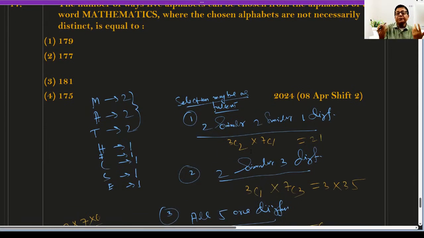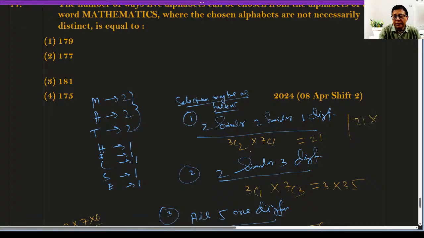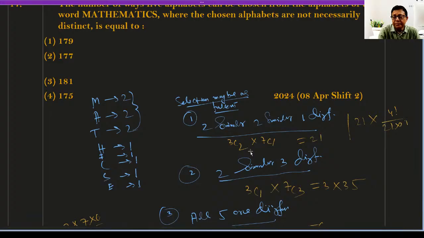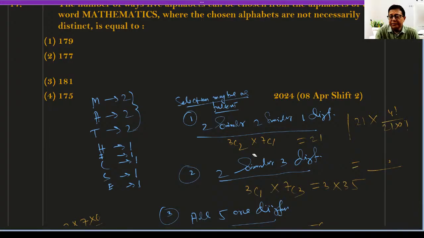Now, suppose they have asked you to find the number of words formed. How do you find? Number of words formed will be, two are repeated, no other thing repeated.